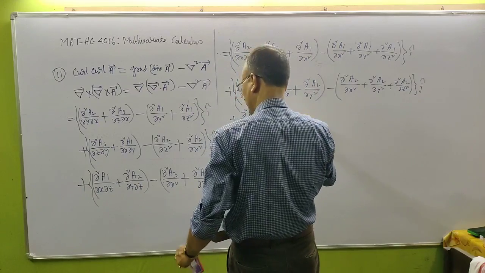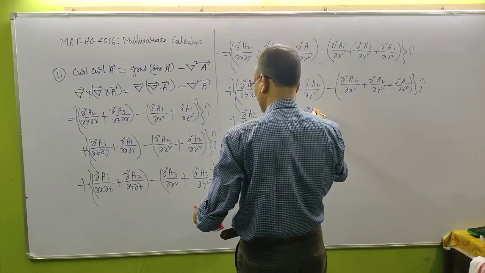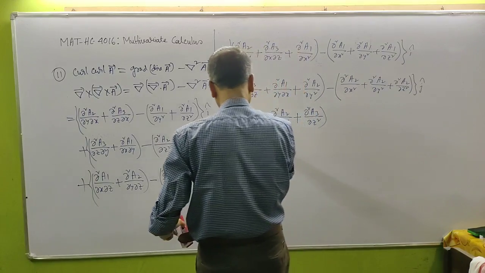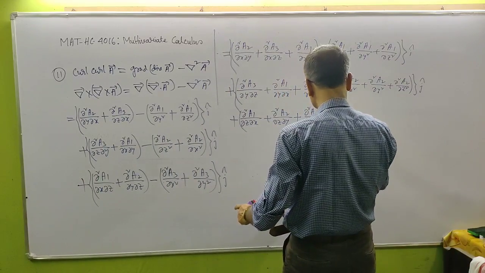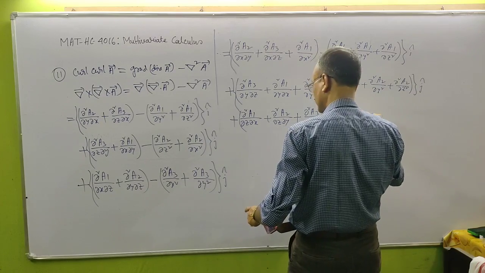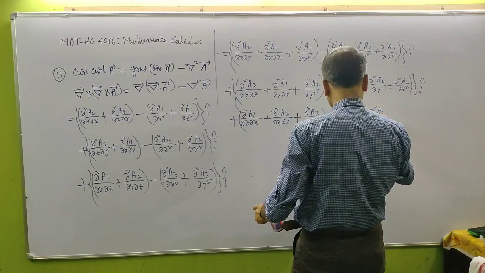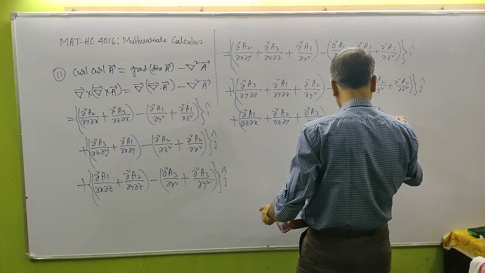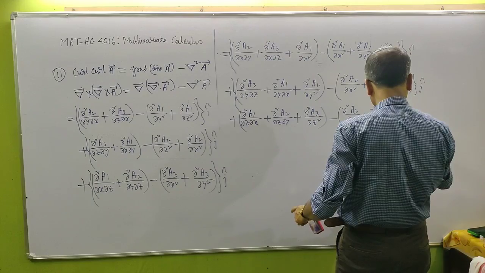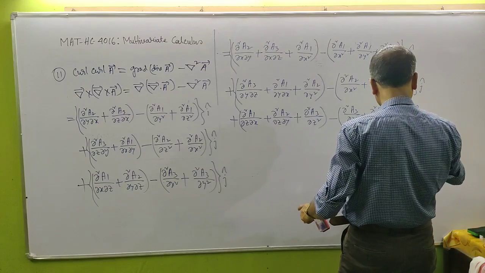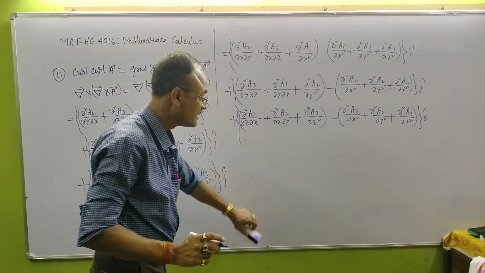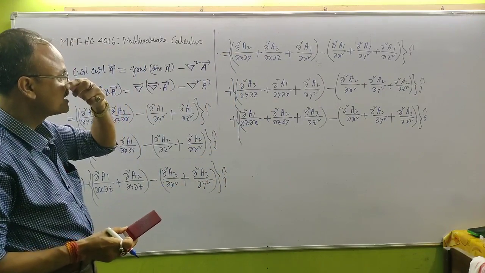This one, plus add del square A3 by del z square. Add this one. Also subtract this one. You will get this one.